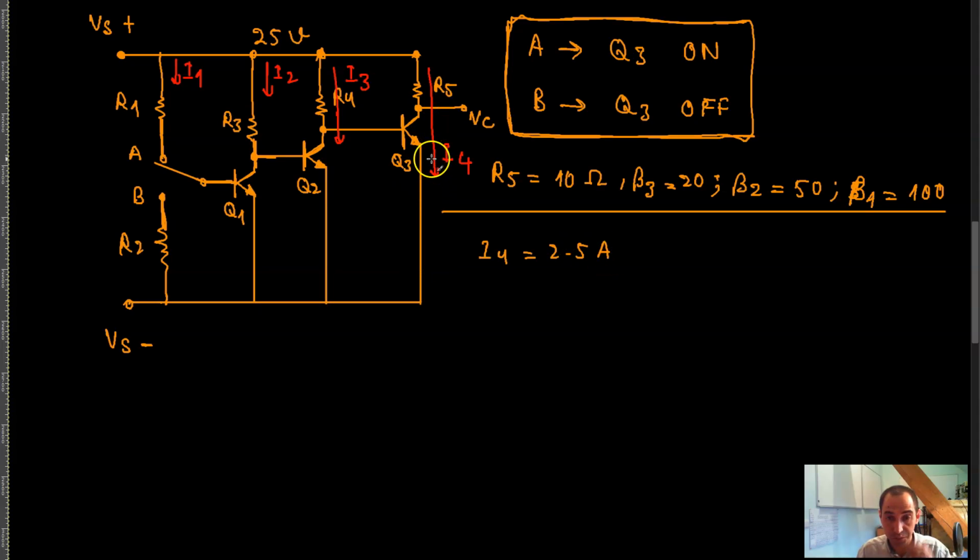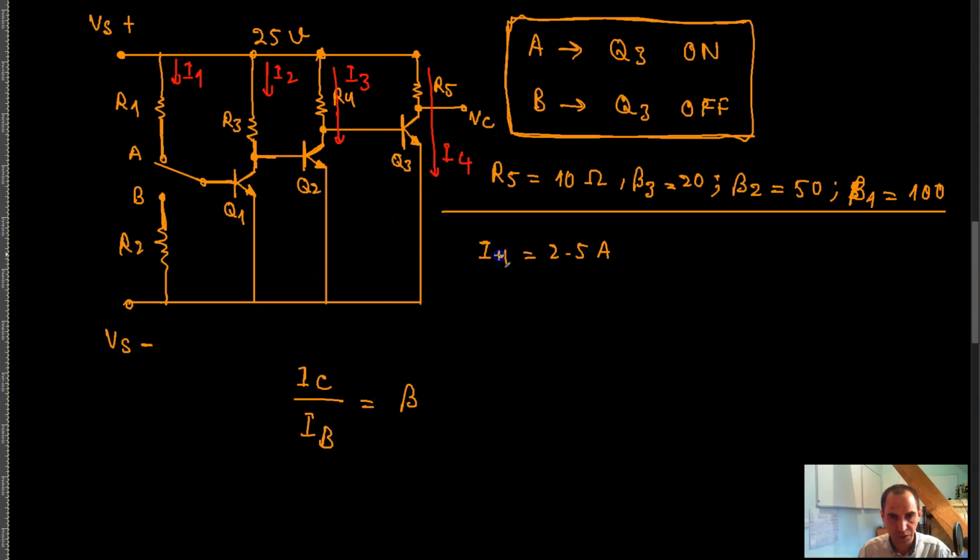If it's supposed to be 2.5 amps, that means you have to get this transistor to drive 2.5 amps into the collector emitter junction of itself, right? Which means that I of C to I of B is the same thing as beta for this transistor Q3.